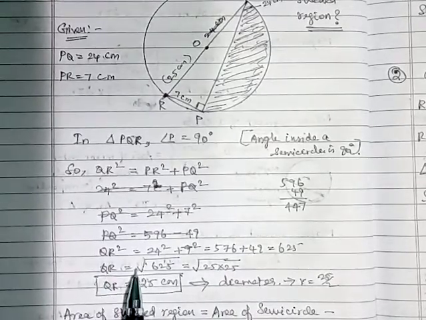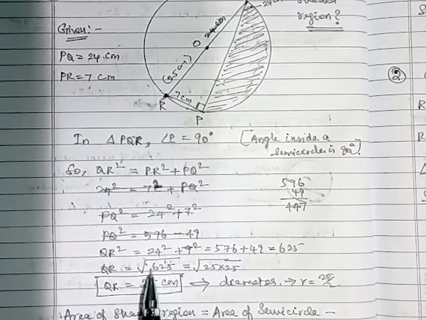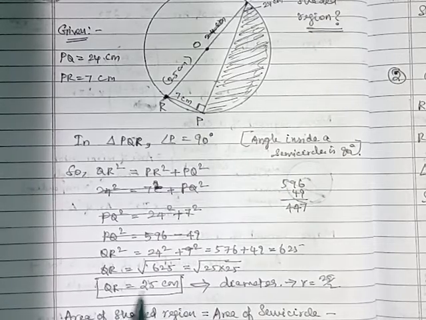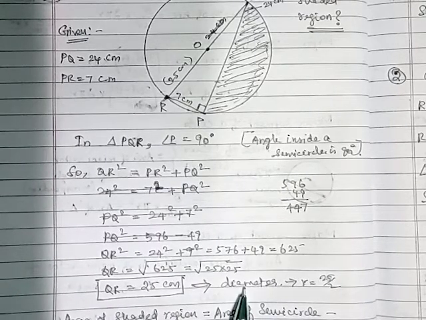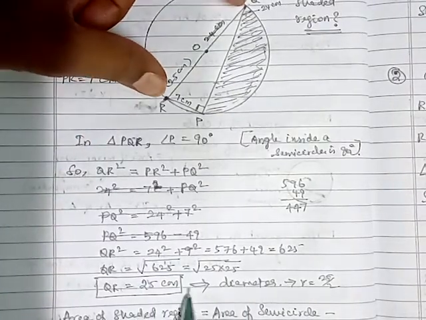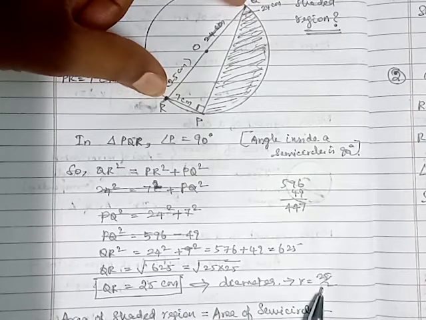So QR is root of 625, that is 25 centimeter. QR is the diameter of the circle. So the radius is 25 by 2, right?